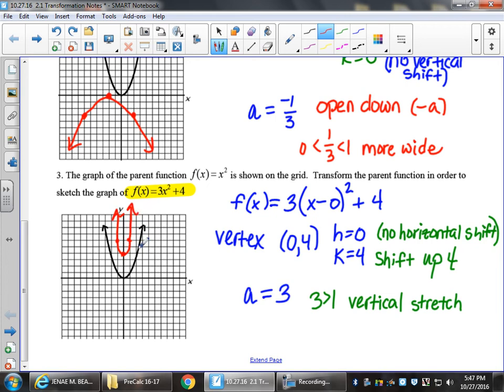So this graph has successfully been vertically shifted up 4, and this a value now being 3, we've stretched, vertical stretch of this parabola up. Notice how it's skinnier than our original parent function.